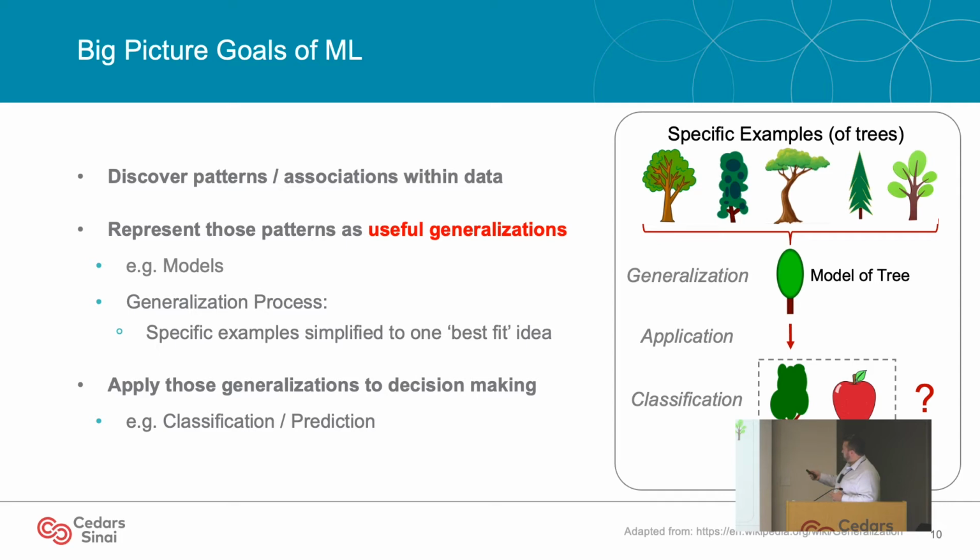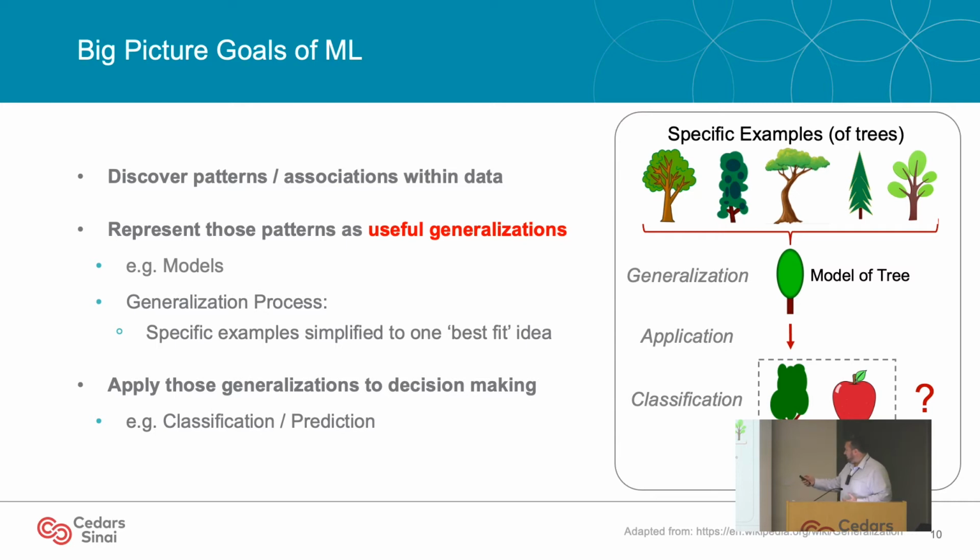So let's look at this example of some specific cartoon trees, and we want to distill them down to a generalization of what a tree is. And just as a rough example, let's imagine this is our useful generalization. This is our model of what it is to be a tree. And then once we have our model, we can apply it. We apply those generalizations to future decision making.